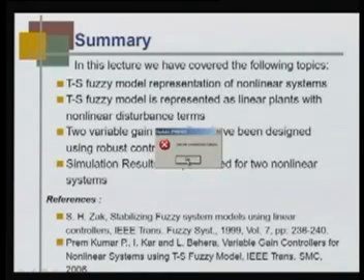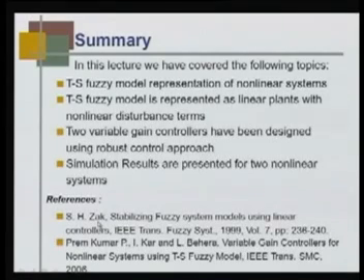For references, we have two papers here. The first is Jack's paper in IEEE Transactions on Fuzzy Systems in 1999. The second is our paper in IEEE Transactions on Systems, Man, and Cybernetics in 2006, called variable gain controller for nonlinear system using TS fuzzy model.